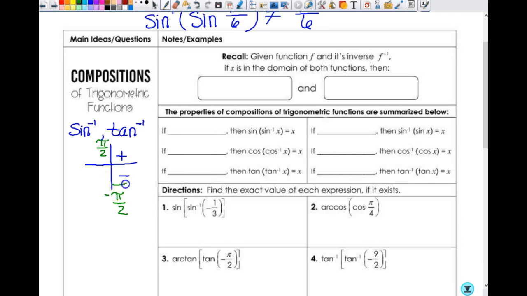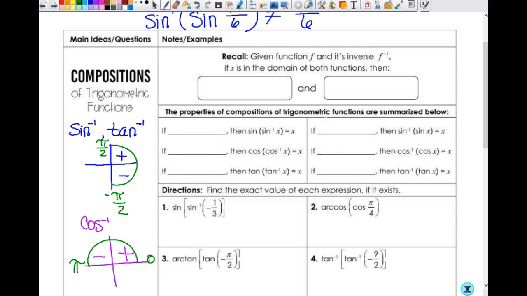Okay, so it's this part right here that's sine and tangent. For cosine inverse, remember we are restricted to quadrants 1 and 2. And that can go from 0 to pi, and it's these two quadrants right here. So when you take the inverse and you're doing cosine, your answers are always positive. You don't talk about negative angles. But with sine and tangent, you do get negative angles. Okay? Everybody okay with all that?